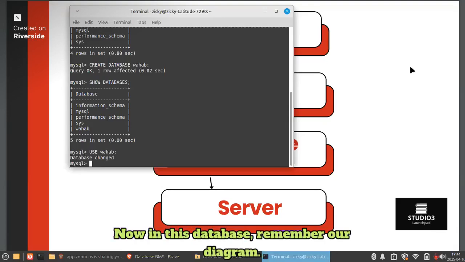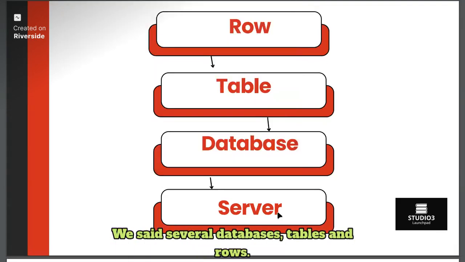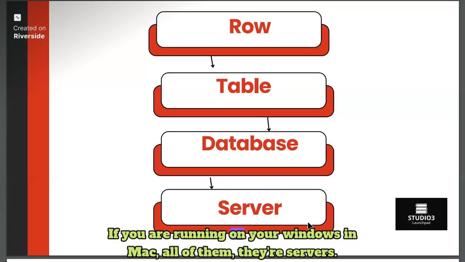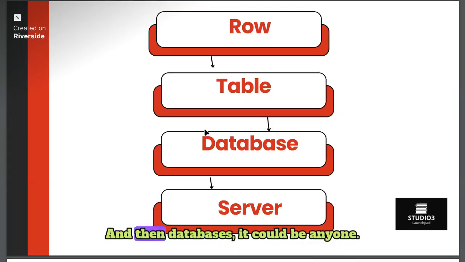Now in this database, remember our diagram. We said server, databases, tables, and rows. I explained to you that my computer is a server, your computer too is a server. If you were running on a Windows, a Mac, all of them, they're servers. And then databases.